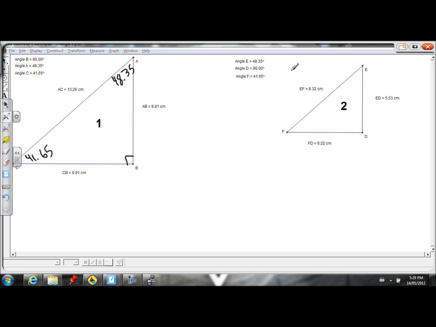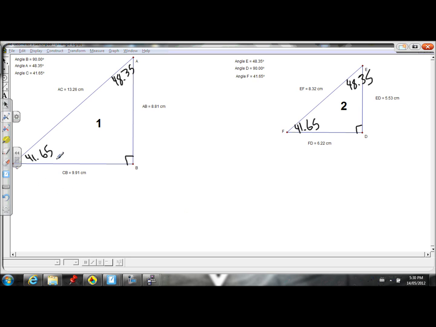And over here, this is a similar triangle. I know that because it has the exact same angles. That means it's the same shape, even though it's a different size. Angle E is 48.35, the same as angle A was, and angle F is 41.65.